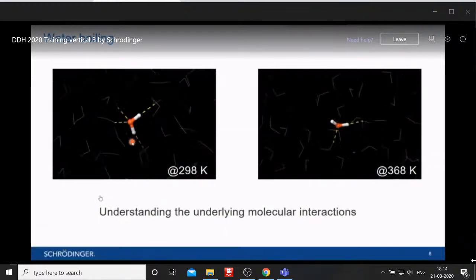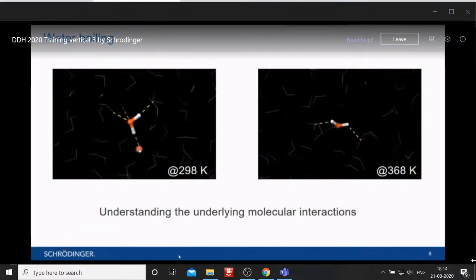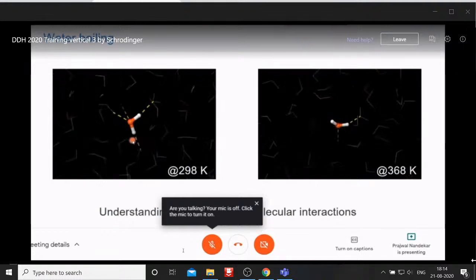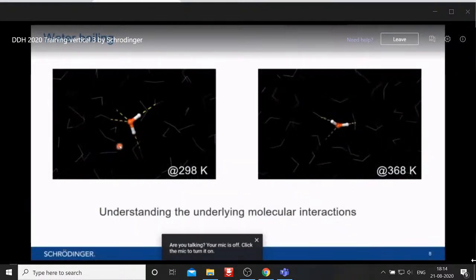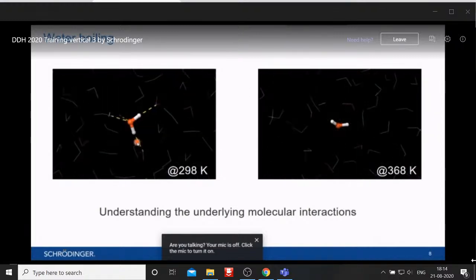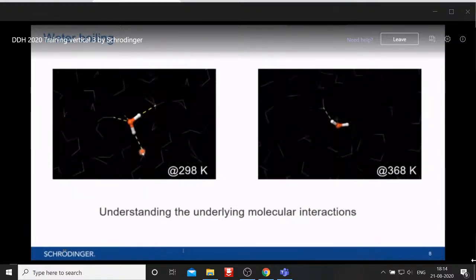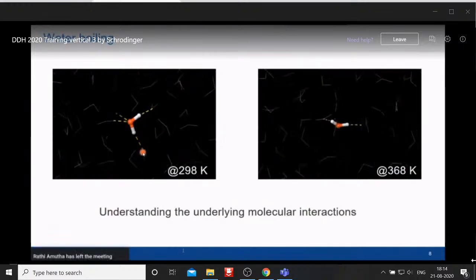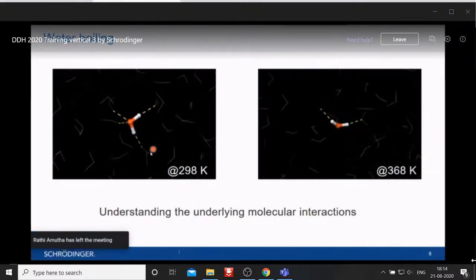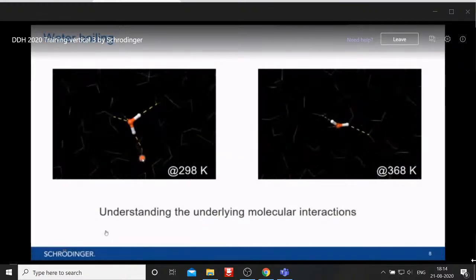You can see here at the same time, there are 4 hydrogen bonds formed by this water molecule with surrounding water molecules. These dotted yellow lines are the representation of hydrogen bonding interactions, and there are 4 at most. So at room temperature, it exists as liquid because of hydrogen bonding interaction.